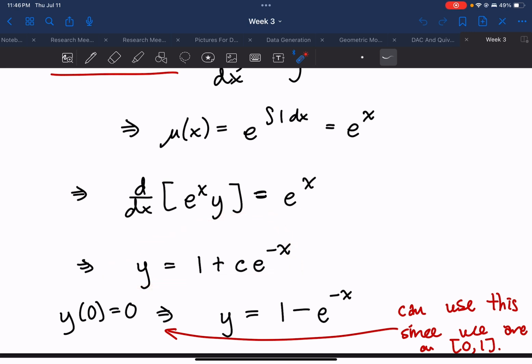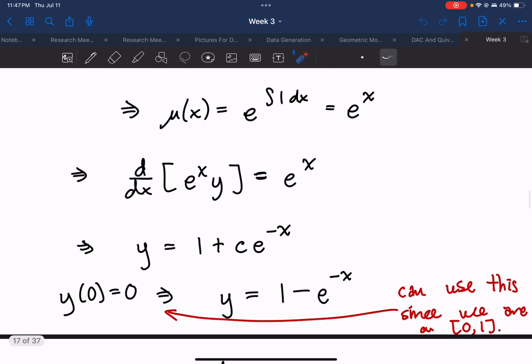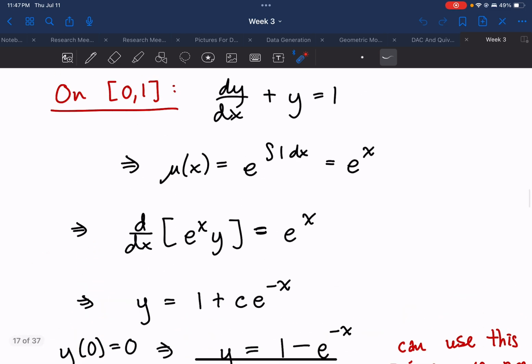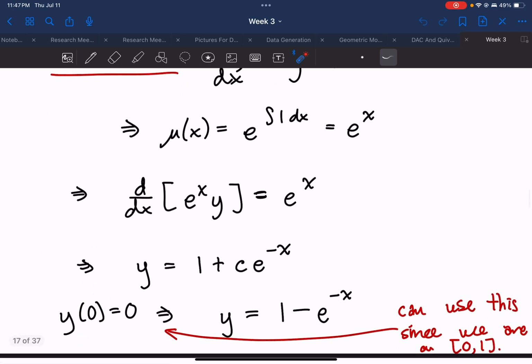And since I'm on the interval 0 to 1, I can use my initial condition, because x equals 0 is in this interval. So pinning down the constant, I plug in 0 for x, 0 for y.